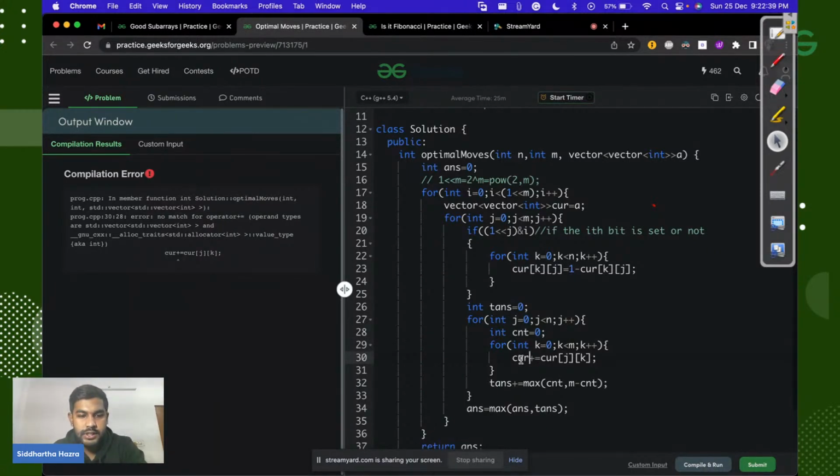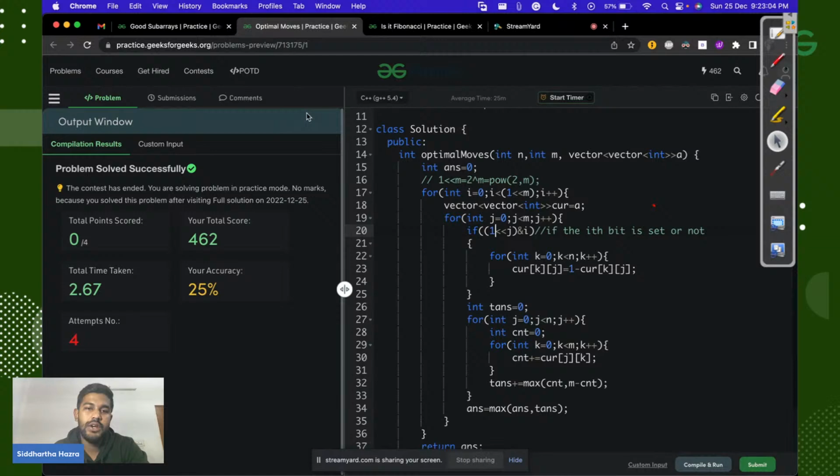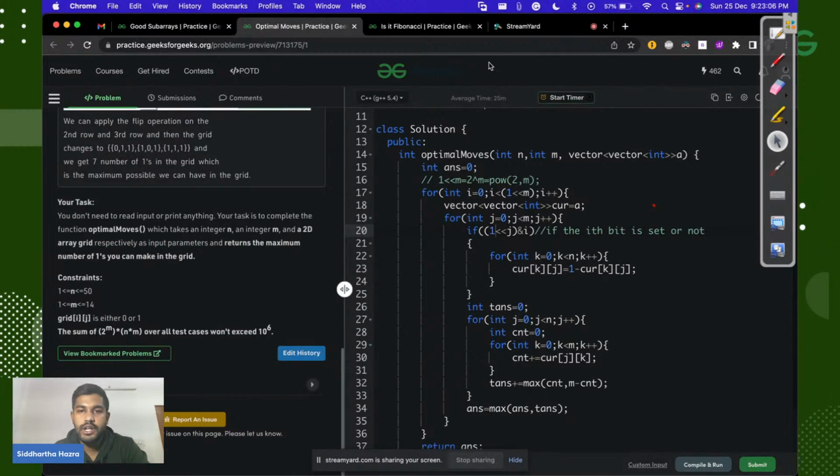Okay, count is equals to, this would be count plus equals to J of K. Now let me just see again. Okay, we are getting correct output. Chalo. We have got the correct output.